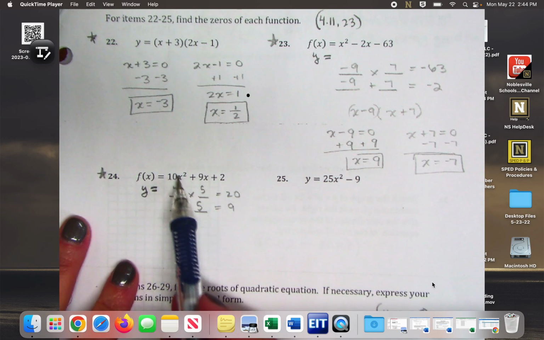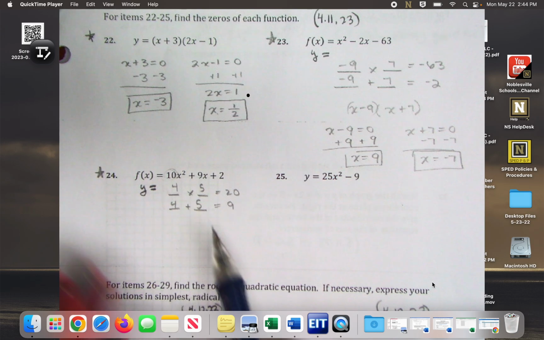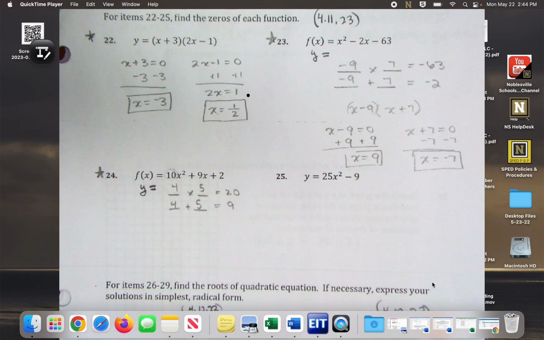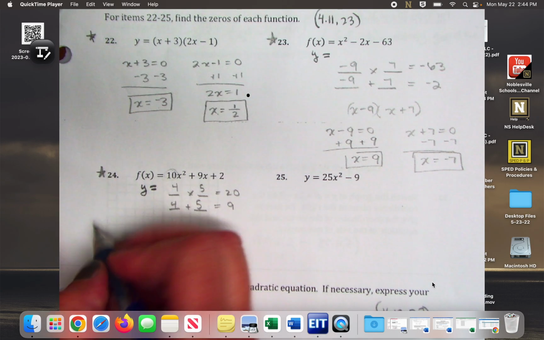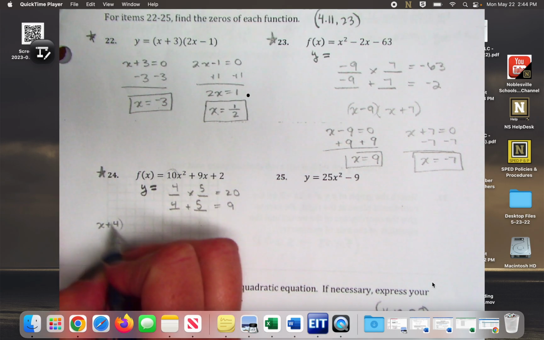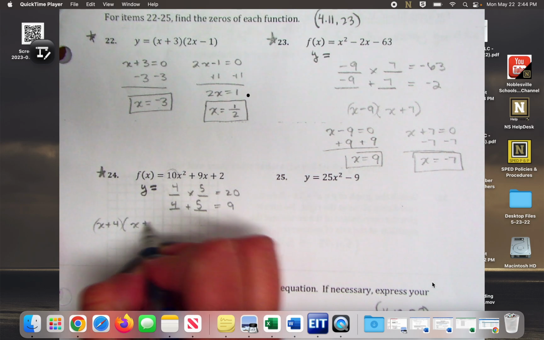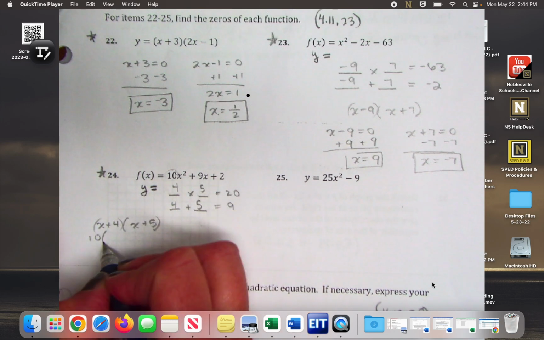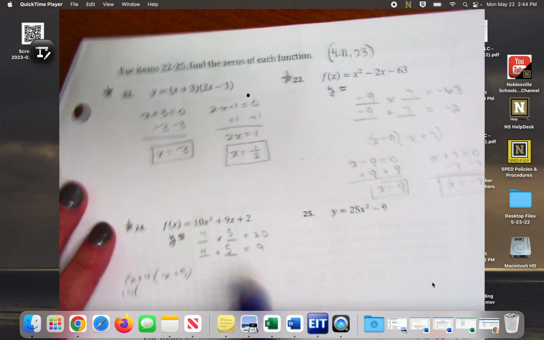Because this has a coefficient, like if there's a number here, then you can't just do what times what equals 2, what plus what equals 9, right? So then I have x plus 4 and x plus 5. I'm going to put the 10 into both of them.